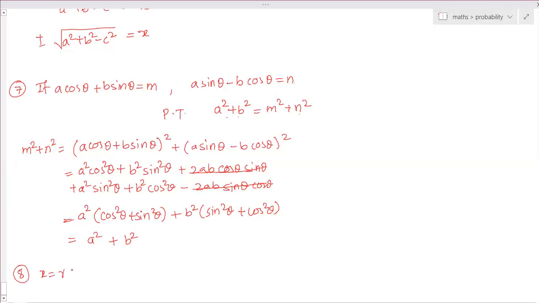X is equal to R sin A cos C. Y is equal to R sin A sin C. And Z is equal to R cos A. Then prove that R square is equal to X square plus Y square plus Z square.